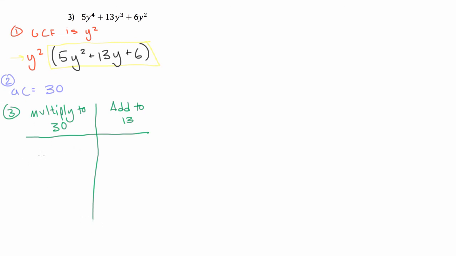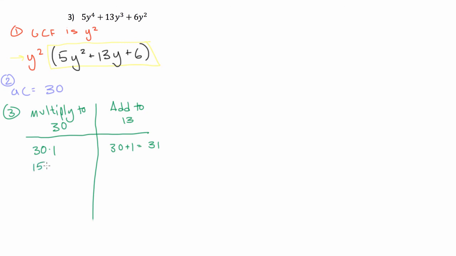So I want to try some different numbers that multiply to 30. And if you're really having trouble getting these figured out, you can just go through your calculator and try dividing 30 by things. Like if I do 30 divided by 1, that's 30. So 30 times 1 is 30, and 30 plus 1 is 31. And then I could try 30 divided by 2 is 15.